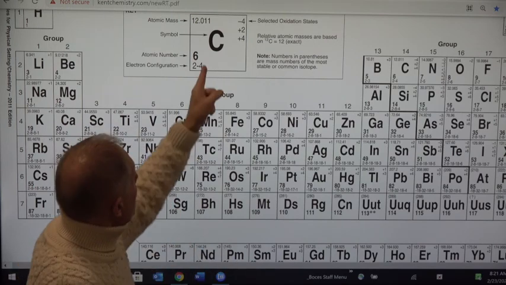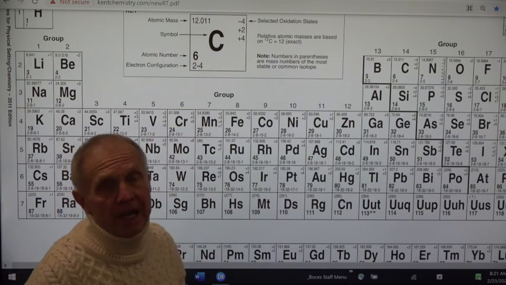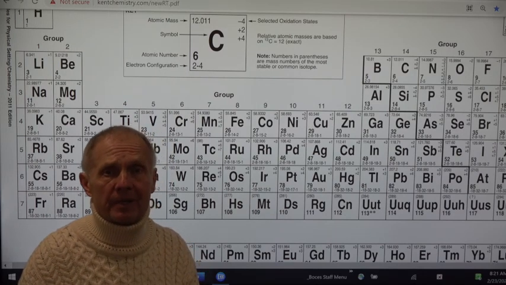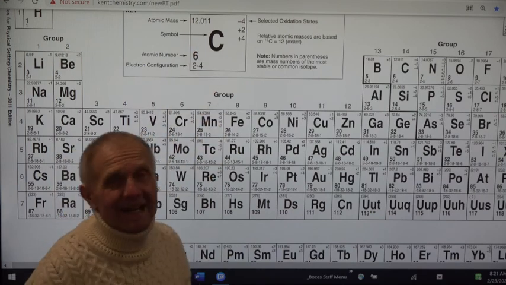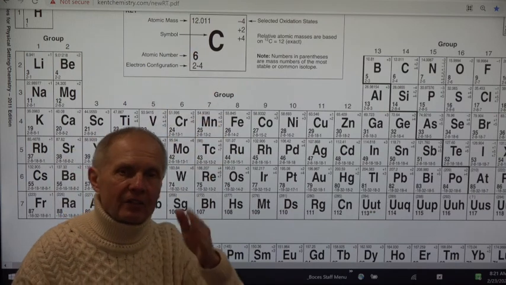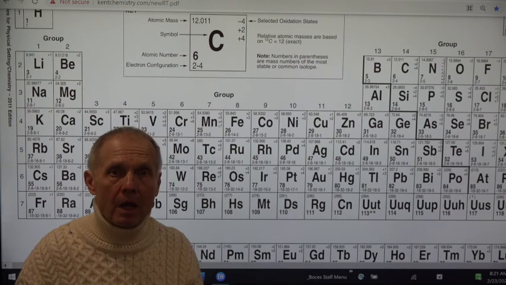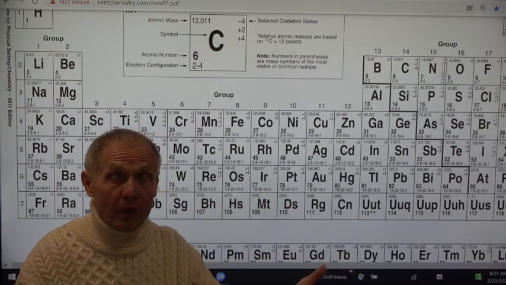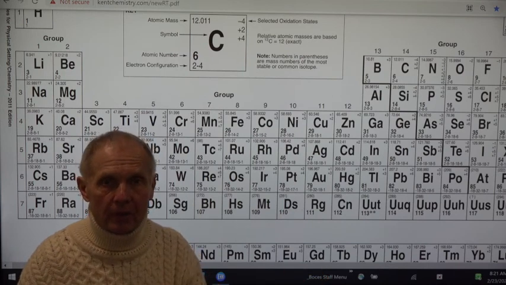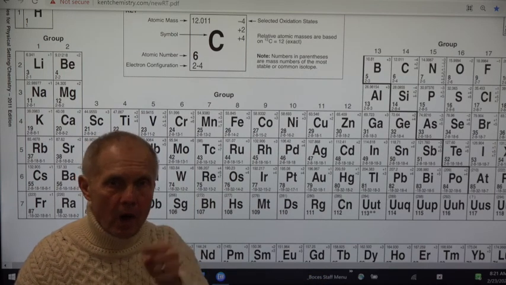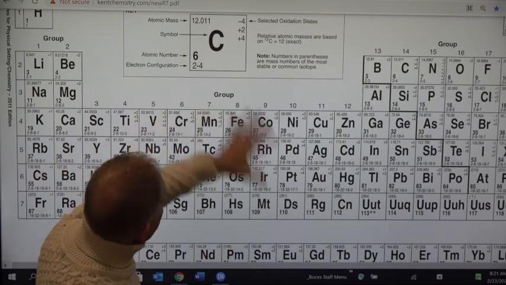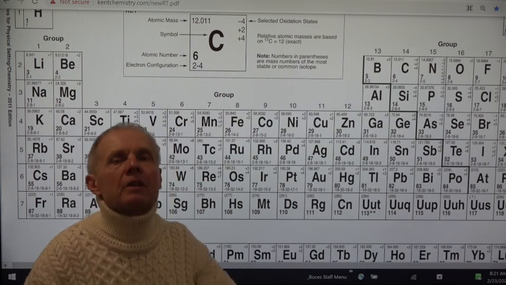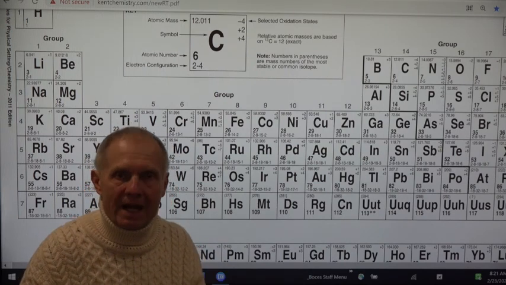But when we have 1 mole of carbon atoms, or 6.02 times 10 to the 23rd carbon atoms, that 12 AMU, instead of saying atomic mass units, now it's gram atomic mass. So the cool part about using Avogadro's number is if you have 1 mole of atoms of any of these elements, you transpose that 12 AMUs to 12 grams. Now we can weigh it.